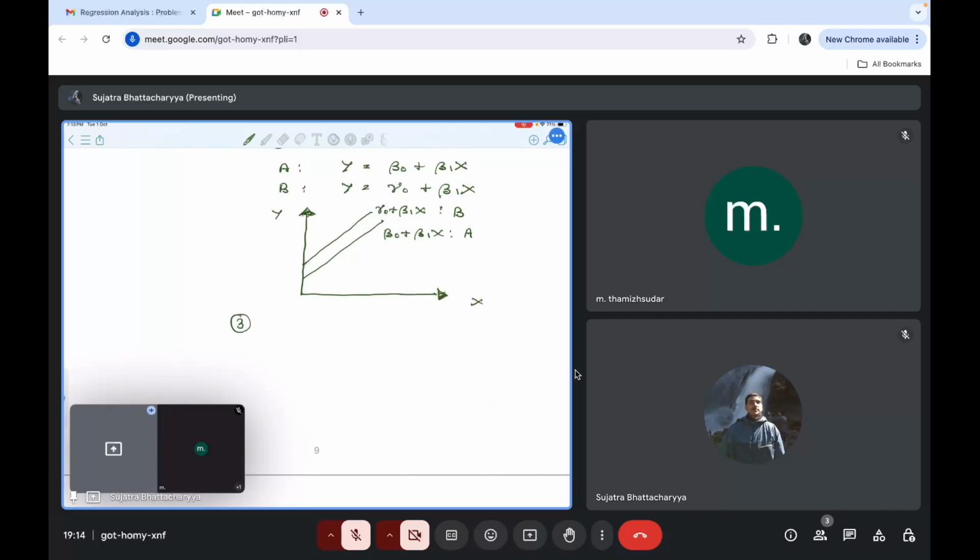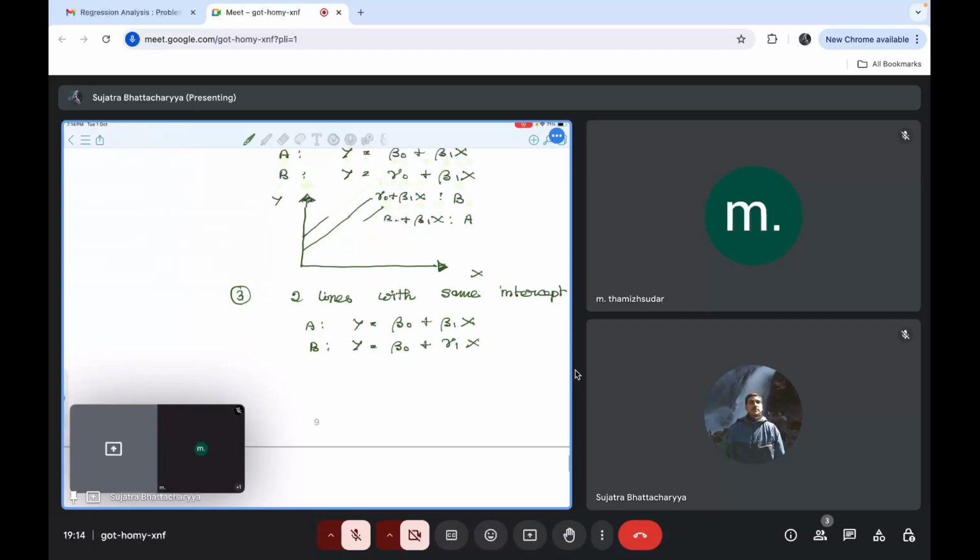For the third case, you have now two lines with same intercept. Now slopes are different, but intercepts are same. This is another possibility, quite possible. So A is y is equal to beta naught plus beta 1x, and B is y is equal to beta naught plus gamma 1x, right?